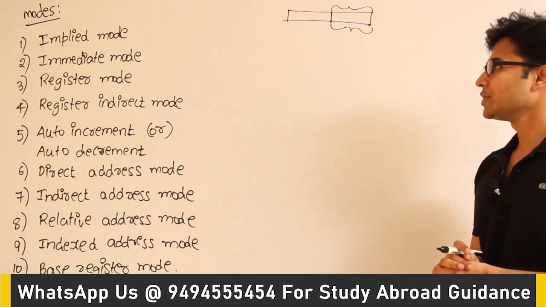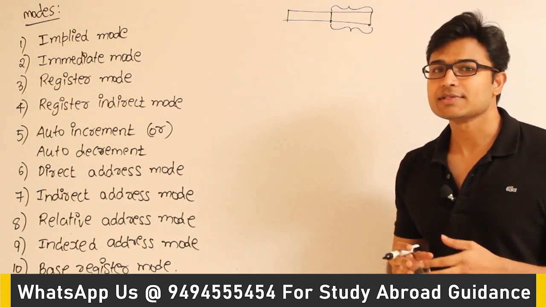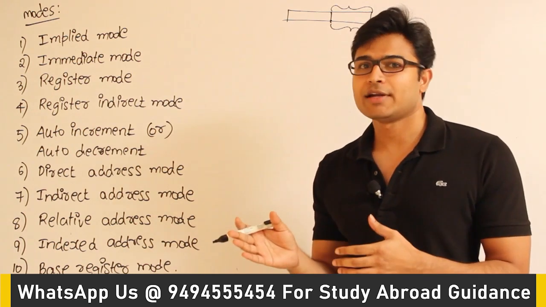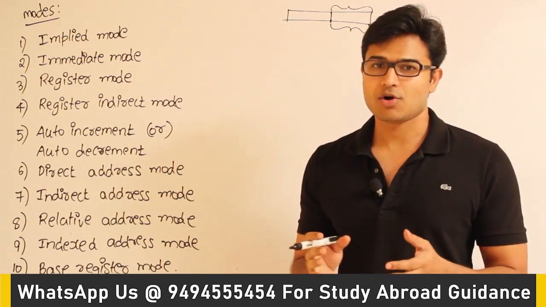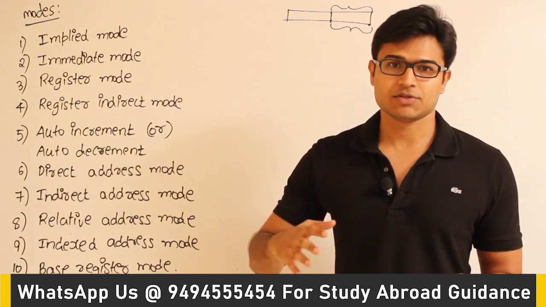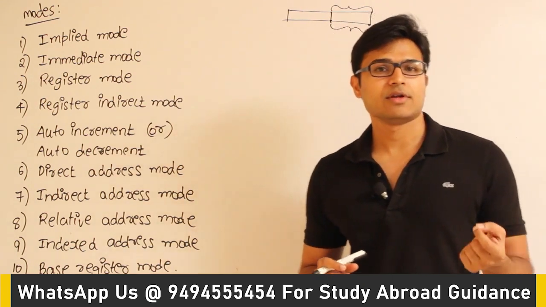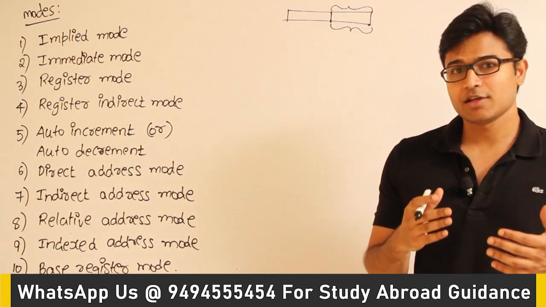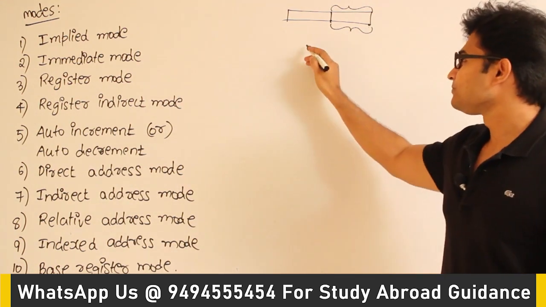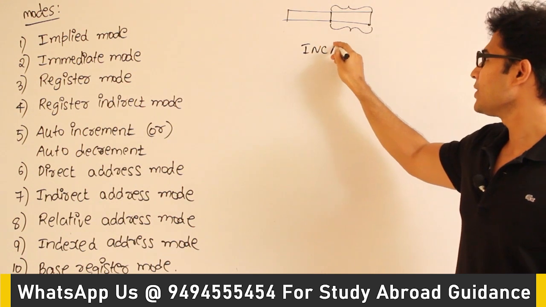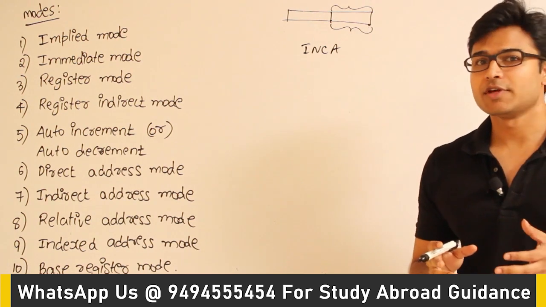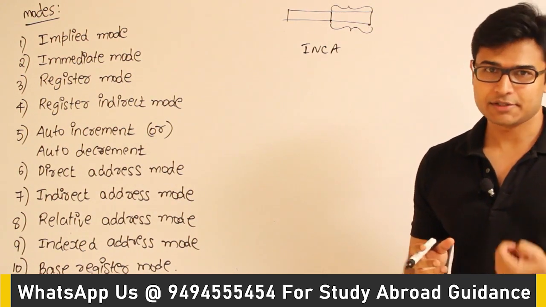The first and simplest mode is implied mode. Implied mode means the address is already implied, which means it is not explicitly provided, it is implicitly provided. We need not specify anything, it is understood easily. For some particular instructions, if you just look at the opcode, you can directly say what they mean. For example, take increment accumulator, let's assume a CPU organization in which we have an accumulator register.